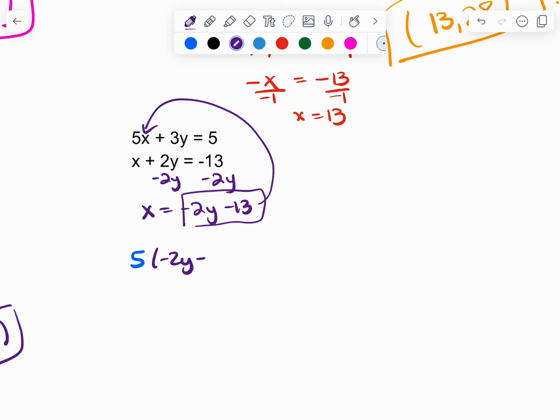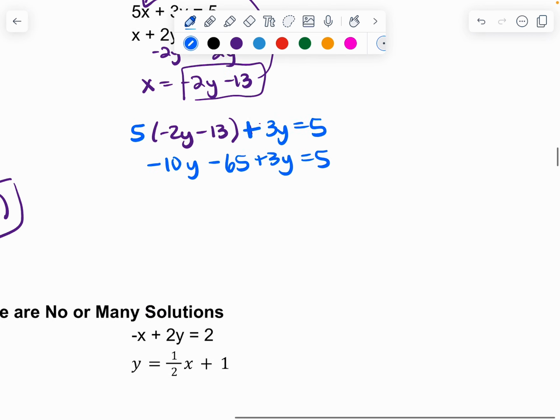Negative 2y minus 13 plus 3y. You've got to make sure you're putting the rest of that in there. Negative 10y minus, and I believe that's 65. Yes, but after my last mistake, I want to make sure I'm doing a better job.